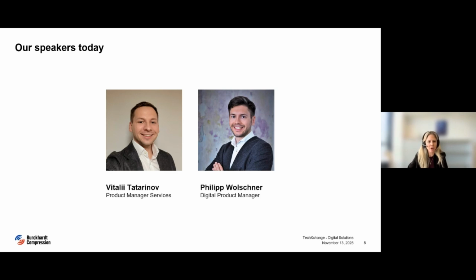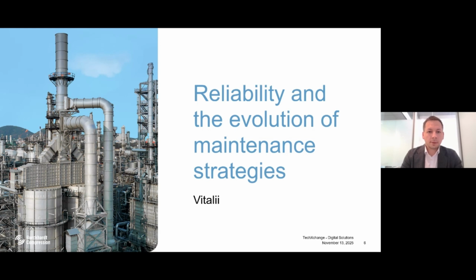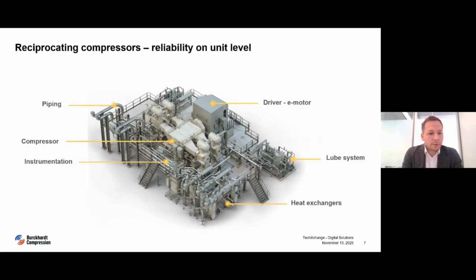So let's get started. I hand over to you, Vitaly, for an introduction into reliability and the evolution of maintenance strategies. Thank you, Daniela. On a very high level, a compressor unit is a system which effectively consists of the compressor itself, usually an electric motor as a driver. It has piping and auxiliaries to supply and take the compressed gas away.